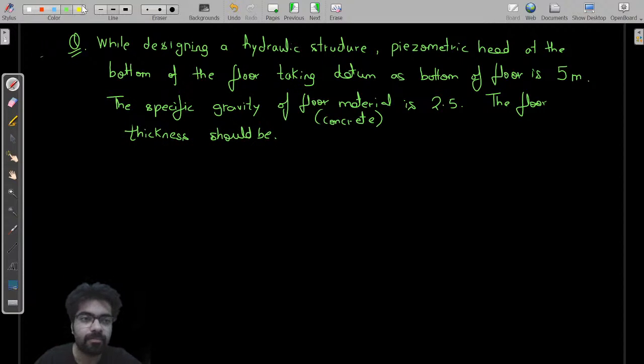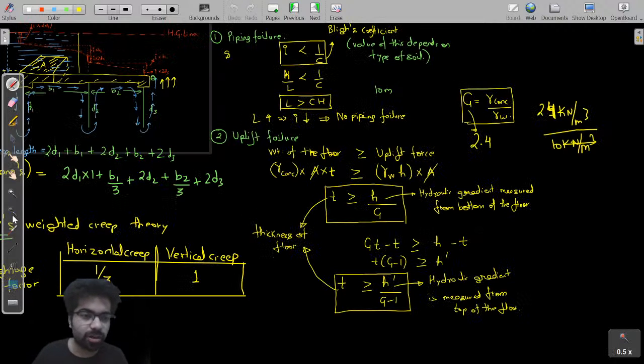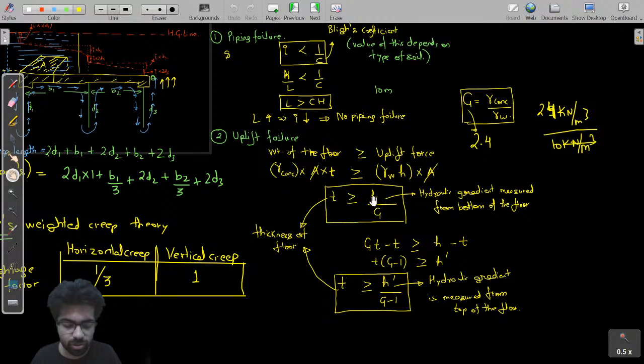Now tell me. Let us take a quick recap of what we studied yesterday. You all can see here that thickness of the floor should be greater than h by G. G is nothing but your specific gravity, like for a concrete floor, density of concrete upon density of water, which is 2.4 to 2.5.